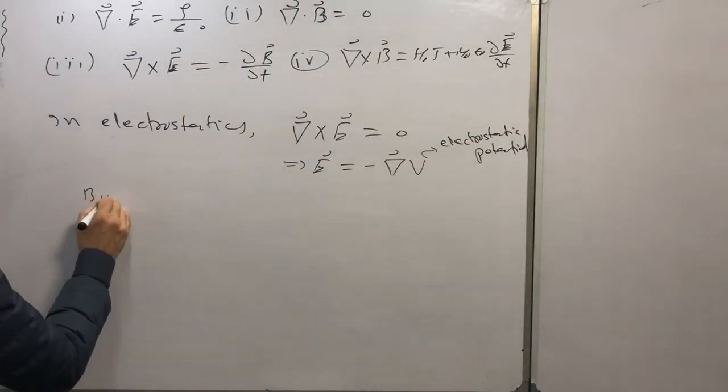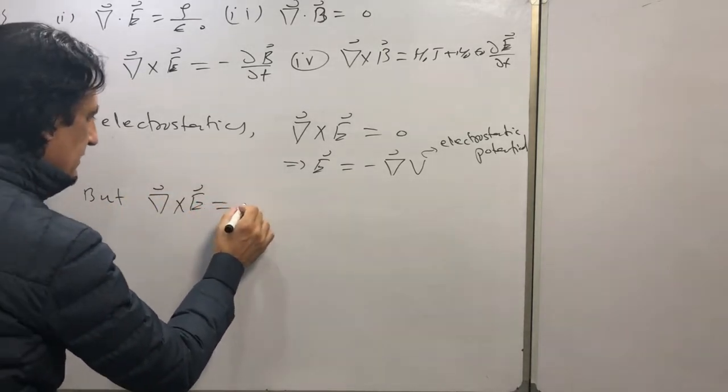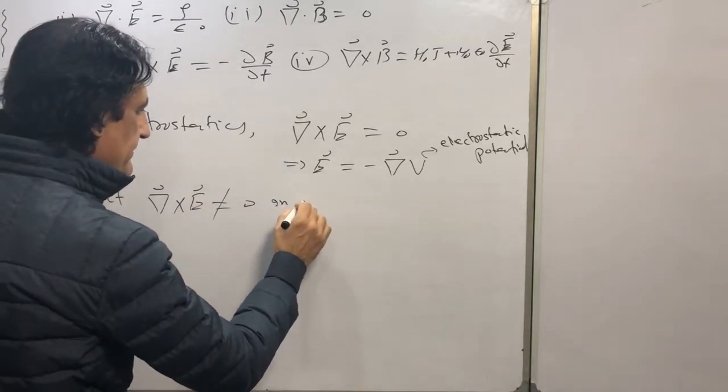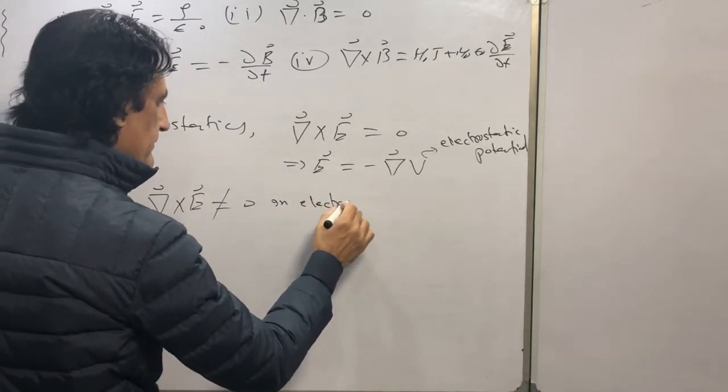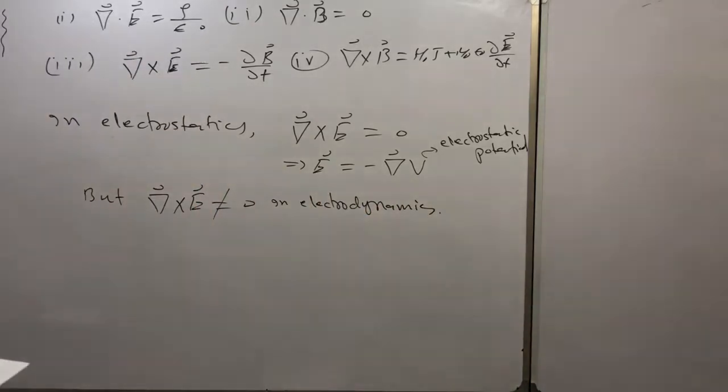But del cross E is not equal to 0 in electrodynamics. So this is clear.